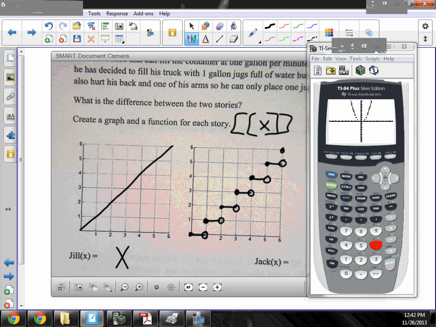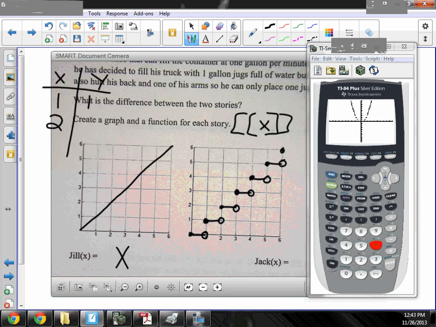Okay? Well, if you were to describe what the greatest integer function does, how would you describe it? How would you turn Jill's graph into Jack's graph? What's happening? Well, let me give you a hint. So x, y. If I plug in 1, what do I get out of Jack's function? 1.